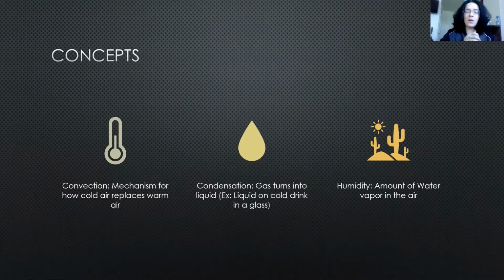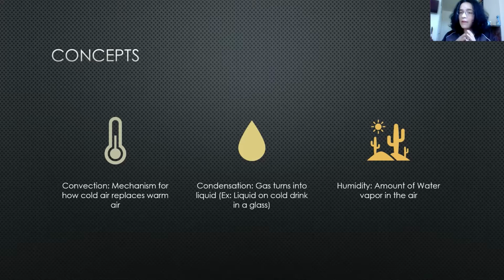For example, when we're outside and it's really, really cold out, you can see our breath, right? The breath in our mouth is warmer than the outside, and so you can see it rising. This leads into condensation, which is when a gas turns into a liquid.